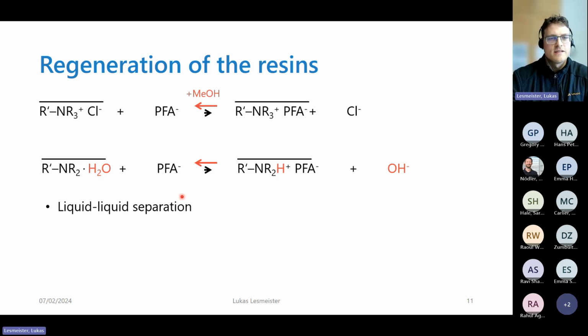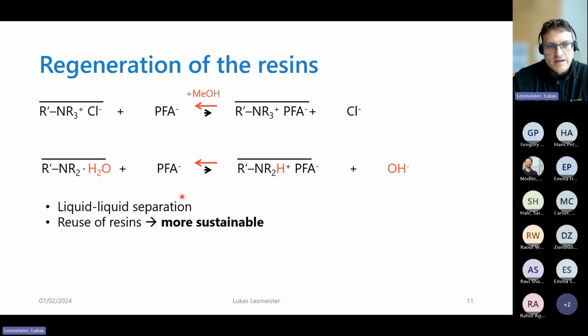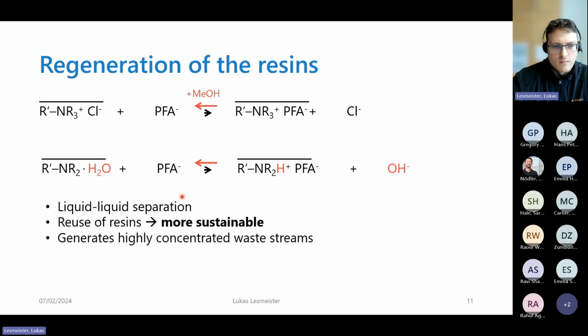Side note, this regeneration process basically changes the anion exchange process from a pure adsorption process to an actual liquid-liquid separation process, comparable to reverse osmosis, but with much better liquid-liquid separation factors. It also makes the process more sustainable because we can reuse the resins. We can use them for more cycles, but it also generates highly concentrated waste streams.